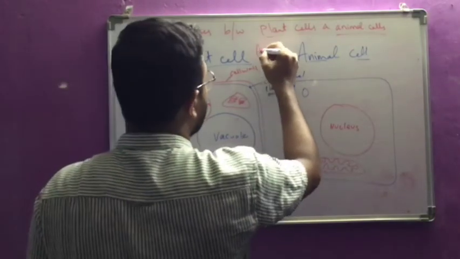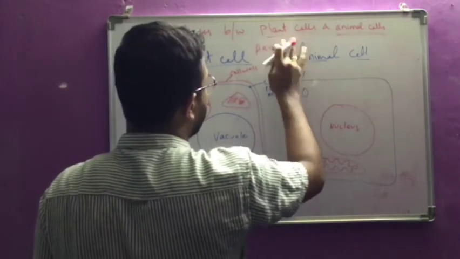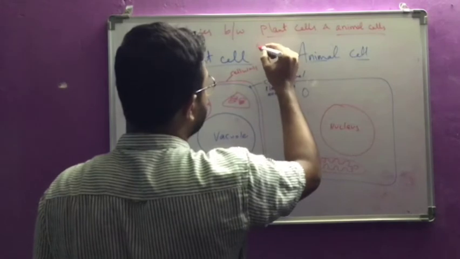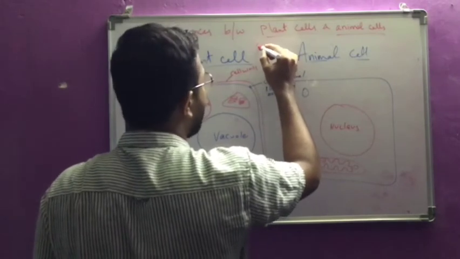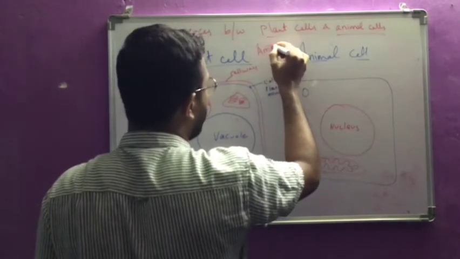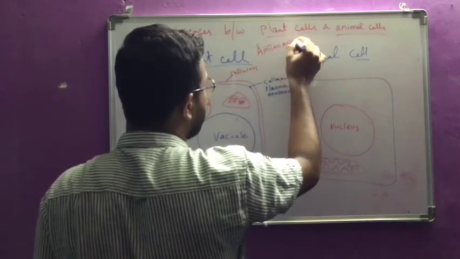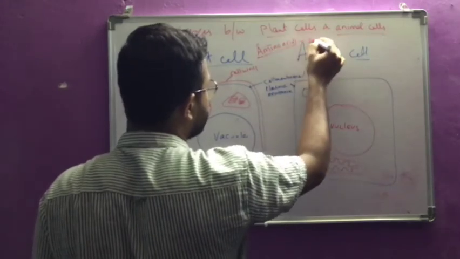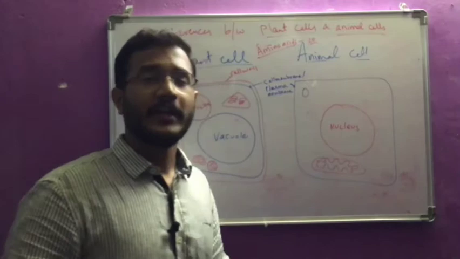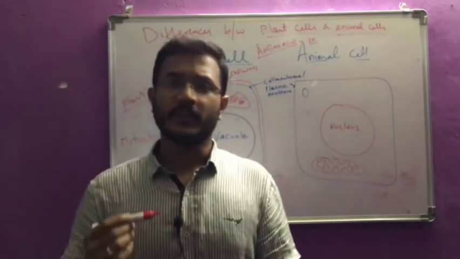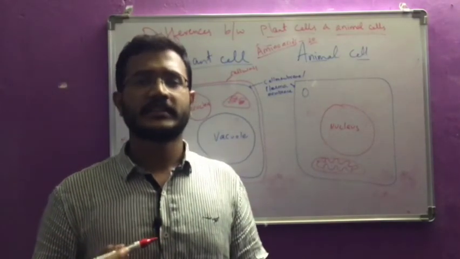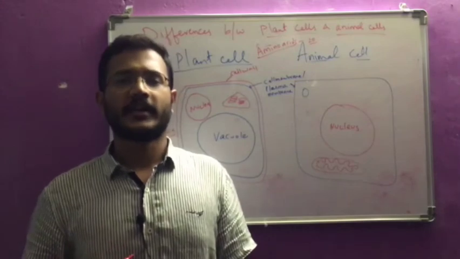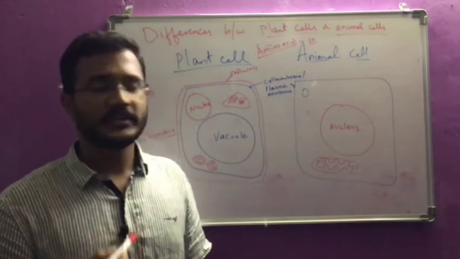So plants can synthesize almost all types of amino acids. There are broadly 20 types of amino acids. Out of 20, we have 10 essential amino acids and 10 non-essential amino acids. We will see all those details.